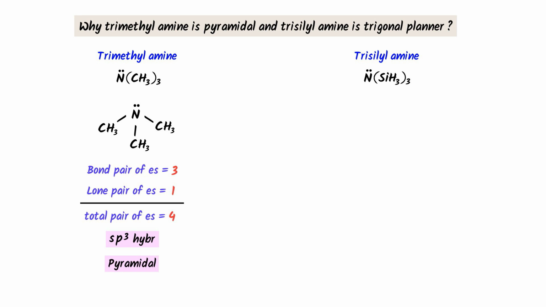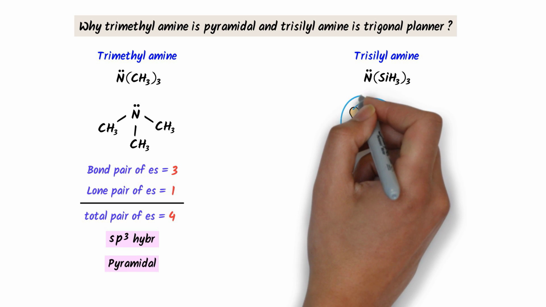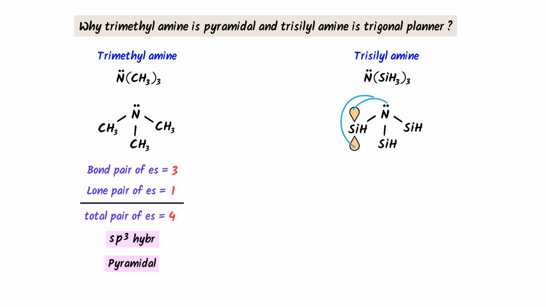On the other hand, I draw the structure of trisilylamine. This is the structure of trisilylamine. Remember that this silicon has an empty orbital, while this nitrogen has a lone pair of electrons. According to the back bonding concept, nitrogen will transfer its lone pair of electrons to silicon. As a result of this, the back bonding phenomenon is possible. So here, the bond pair of electrons is 3.